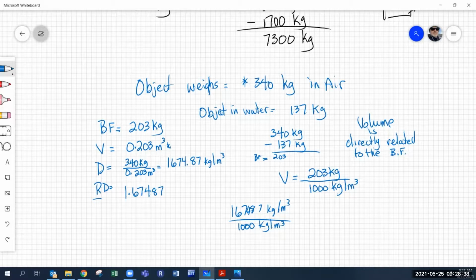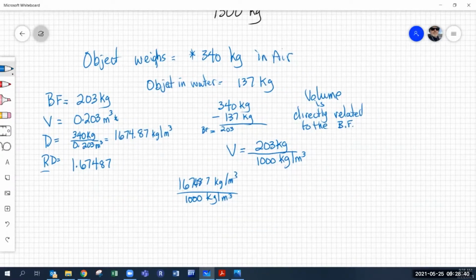Now, the quick and easy way to get the relative density, I told you that there is a little bit of a formula triangle to do that. So we take the mass of the object and divide it by the buoyant force is equal to the relative density. So let's do that just to prove that point.